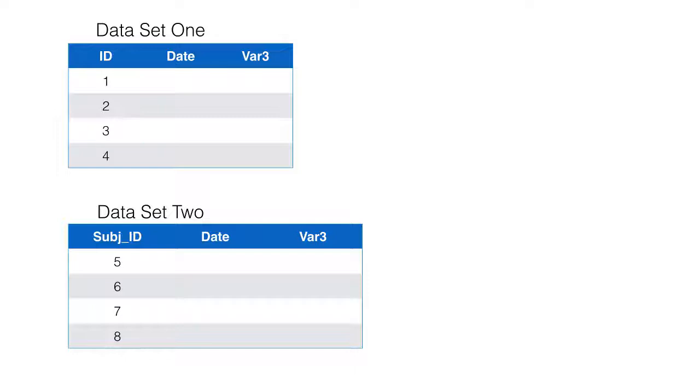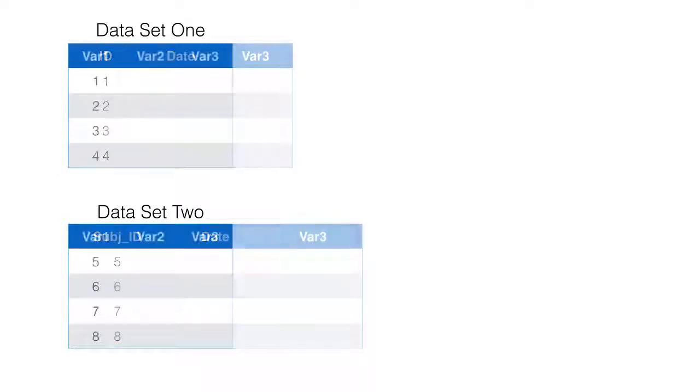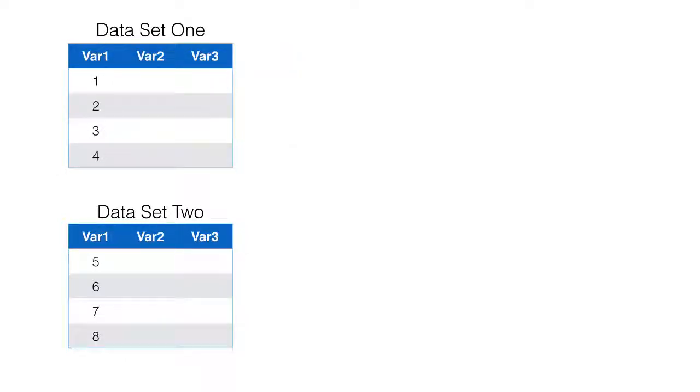For example, both datasets here contain the variable date, but one date variable might store birth date and the other might store date of admission. You would not want SAS to combine these two variables. As you may have guessed, when combining datasets vertically, it's easiest to combine datasets that have identical variables. However, you will also learn how to combine datasets that have different variables.